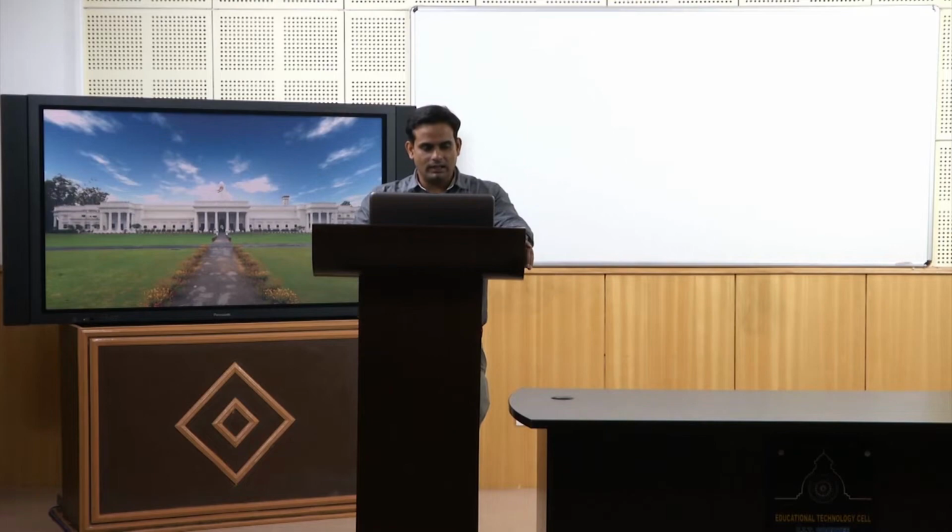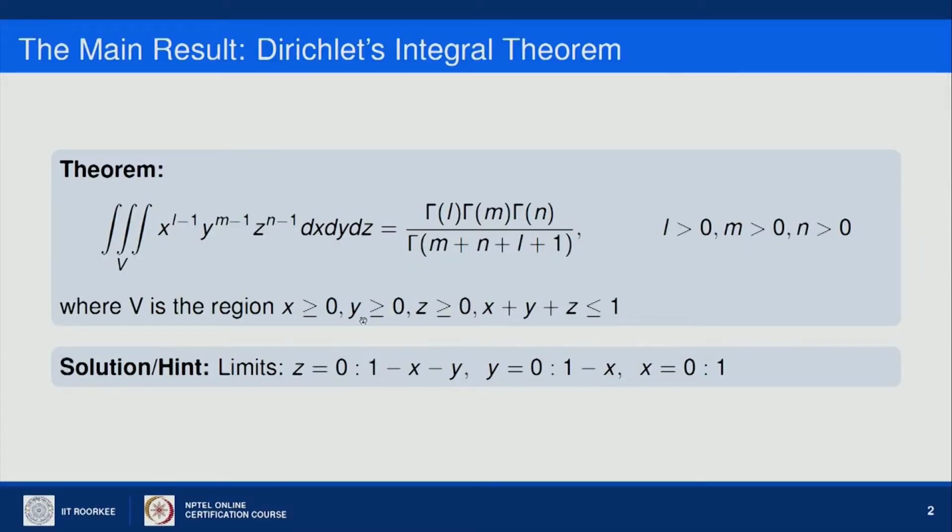It says that if V is the region such that x, y, z are all greater than or equal to 0 and x plus y plus z is less than or equal to 1, then the triple integral defined on this region V, with integrand x^(l-1) y^(m-1) z^(n-1) dx dy dz, equals gamma l into gamma m into gamma n divided by gamma of (l plus m plus n plus 1).